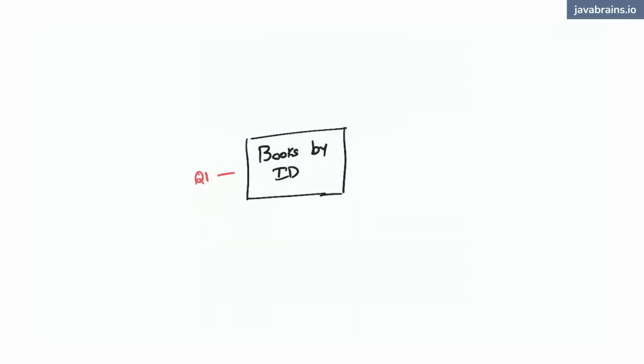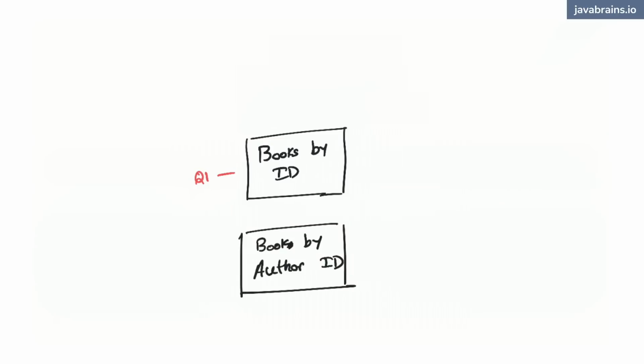The next query is the author. Somebody sees this book. Now they want to click on the author name and find out all the other books by this author. So I'm going to call this books by author ID. You're given an author ID and you want to find all the books written by that author.